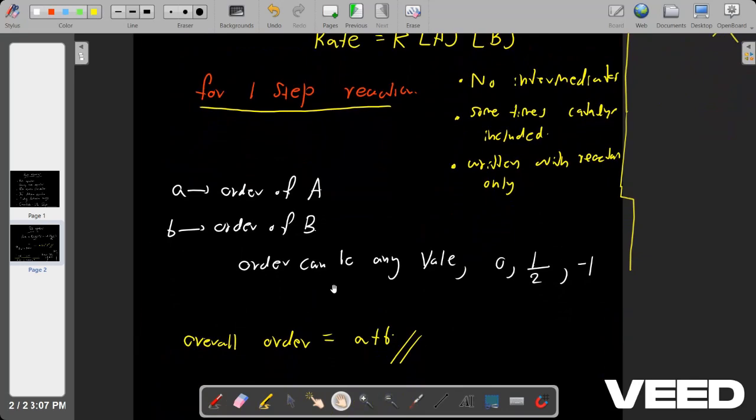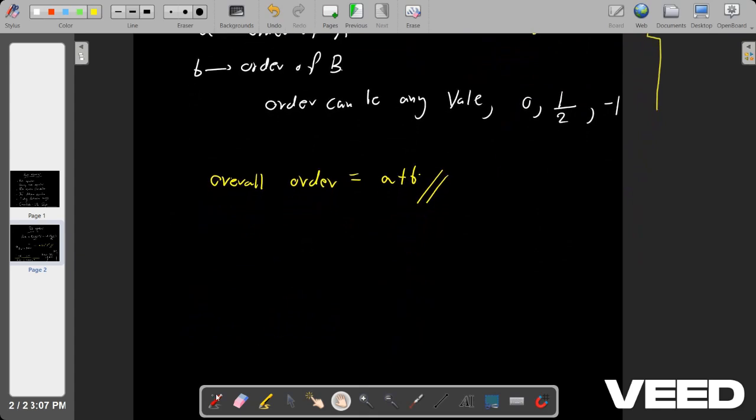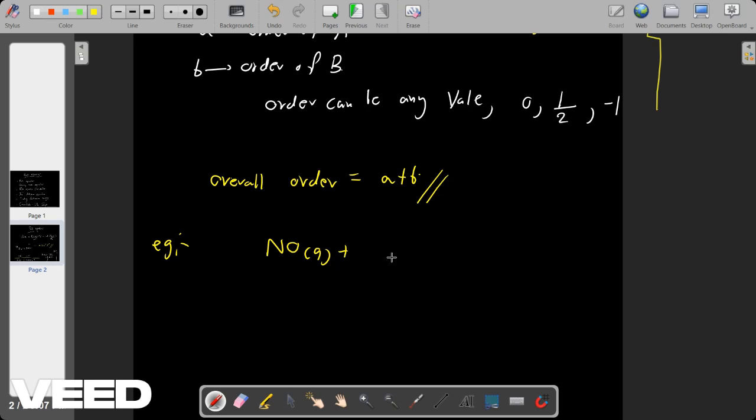We haven't discussed questions yet, so let's look at an example question. You are given the stoichiometric equation, H2 gas reacting to give H2O gas.